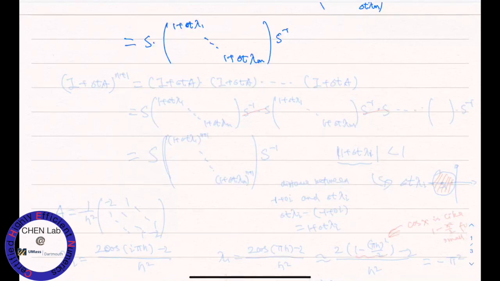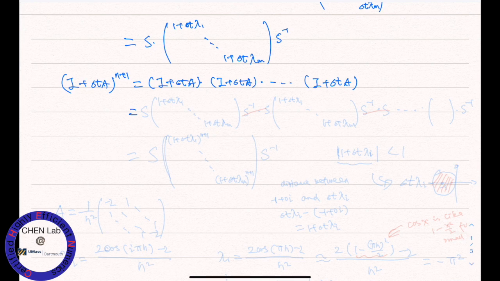This gives us a way to compute I plus delta T A, the whole thing to the m plus 1's power. If you look at what's going on, you're going to get I plus delta T A times another I plus delta T A, and you're going to get m plus 1 of them.